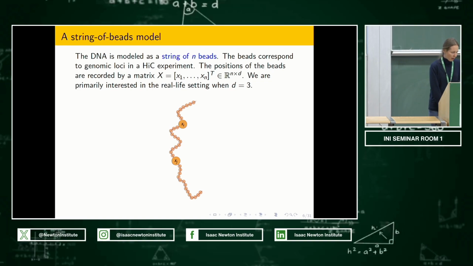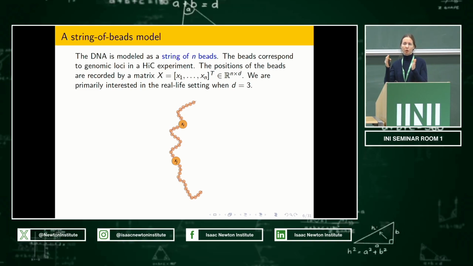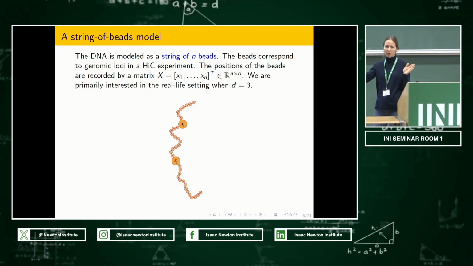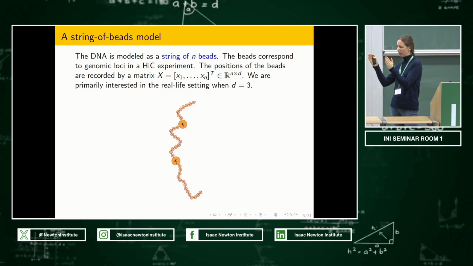Okay, so we model the DNA as a string of n beads, and the n beads correspond to these genomic loci. So we had the chromosomes, and we partitioned them into different loci, and each of the beads corresponds to one locus.